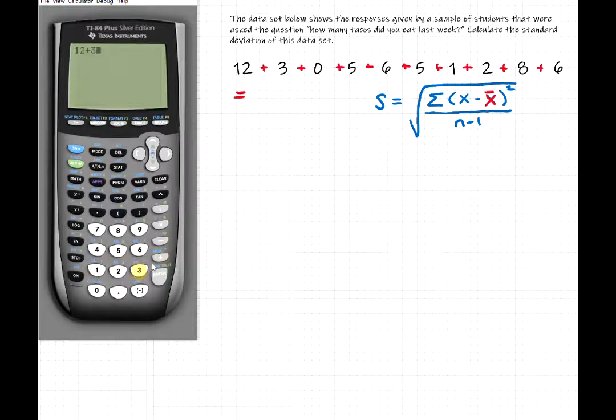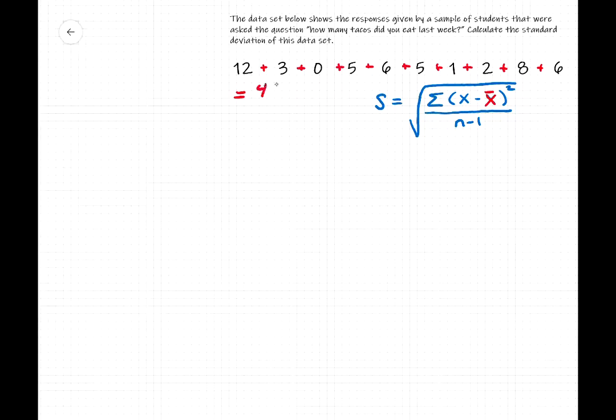12 plus 3 plus 0 plus 5, 6, 5, 1, 2, 8, and 6.